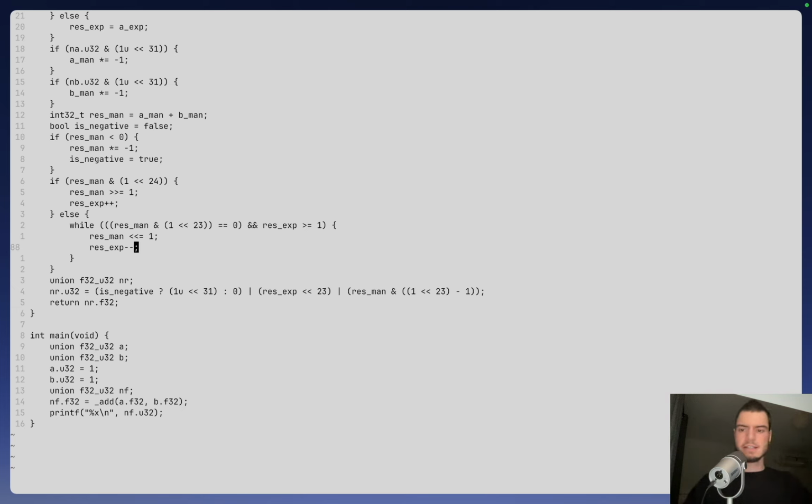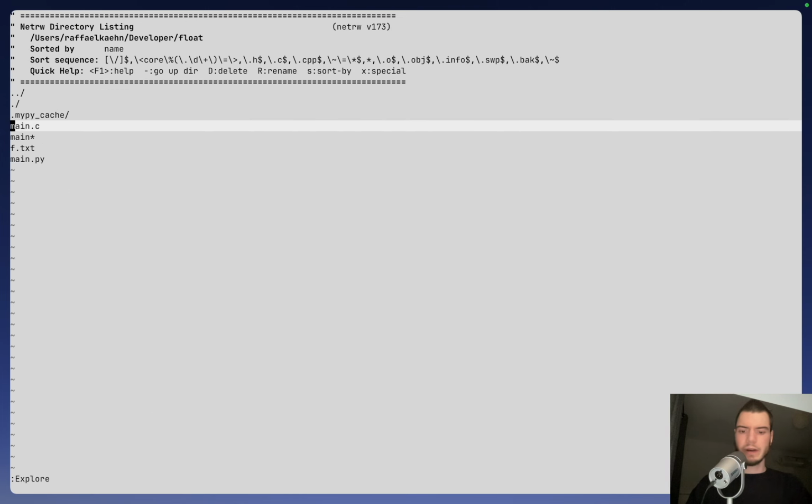All right, let's try to take this knowledge that we've gained so far and implement the inverse square root algorithm in the style of Quake 3. For that, I'm going to create a new file. I'm going to call it r_root.c. Just going to include standard IO again.